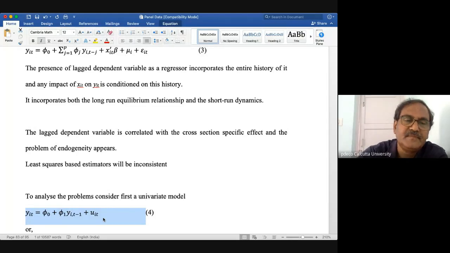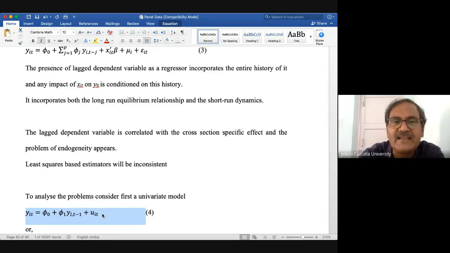Okay. Now, how to take care of the possibility of heterogeneity? The problem is similar to what we discussed in the case of a static panel data model. So you can consider the problem by estimating a model either in terms of fixed effect or random effect. Because if you use fixed effect, you can avoid the problem of the presence of mu_i in your model. Also, in the case of random effect, you can use mu_i as a part of the random error.